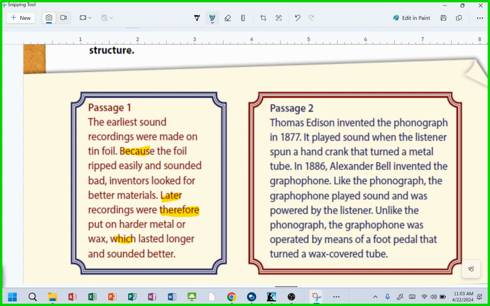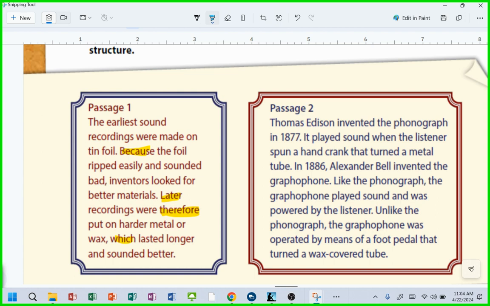Okay, ready? Thomas Edison invented the phonograph in 1877. It played sound when the listener spun a hand crank that turned a metal tube. In 1886, Alexander Bell invented the graphophone.